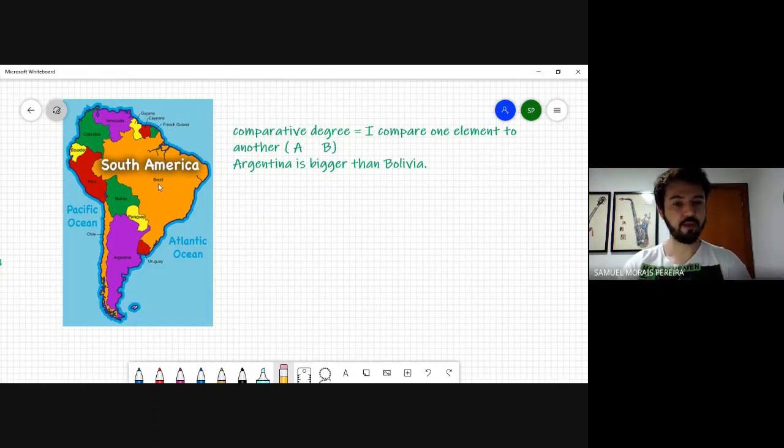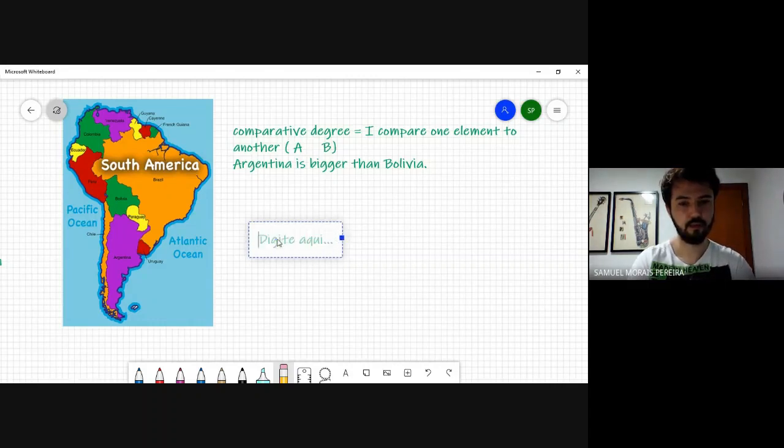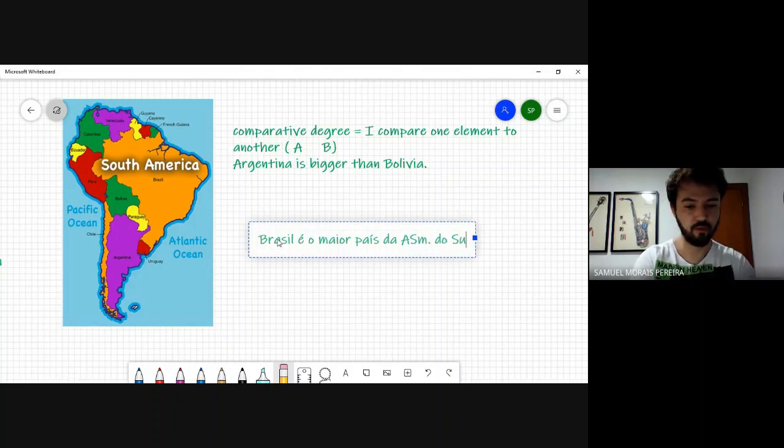But take a look at Brazil. What if I compare Brazil to all the other countries? So if I compare Brazil to all the other countries, saying something like Brasil, ó, vou escrever em português. Brasil é o maior país da América do Sul. Ó, so Brasil é o maior país da América do Sul.